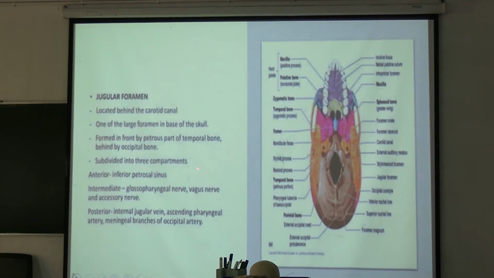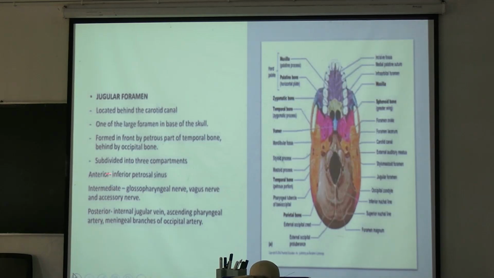It is subdivided into three compartments: anterior, intermediate, and posterior. The anterior compartment gives passage to the inferior petrosal sinus, which lies along the inferior margin of the petrous part of the temporal bone.